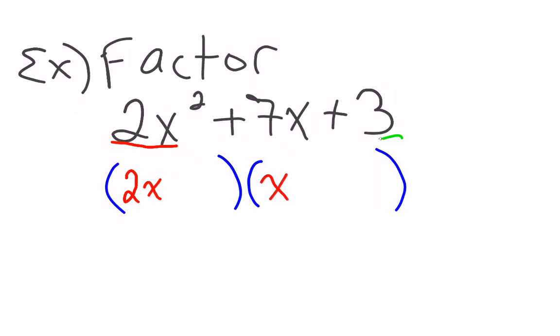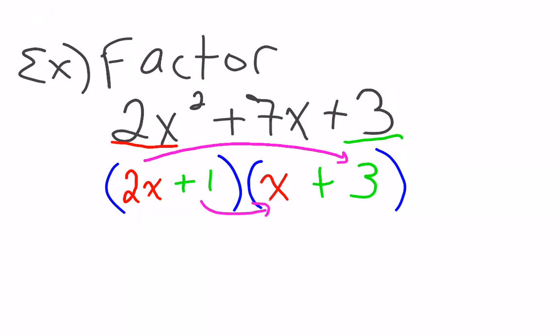Then we have to look at the last term, the 3. And two numbers that multiply to 3 are 3 and 1. And plus signs in there. But we don't know if we have the right two binomials. The way to check that is the outers and inners, because in order to check the outers and inners, that will give us our middle term there.